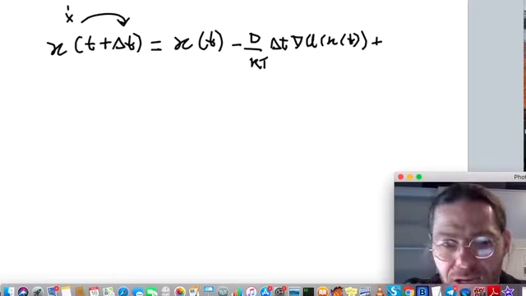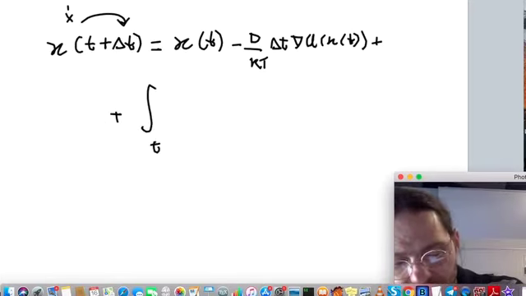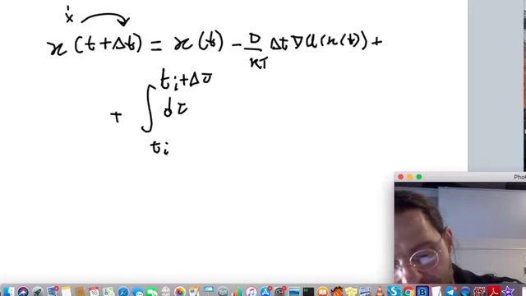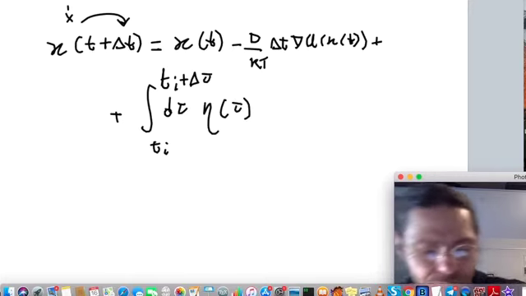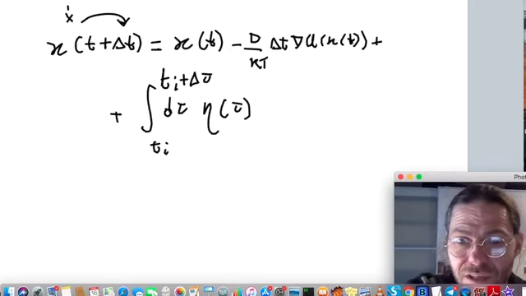Or if I want to be agnostic, in the most general case, I would have an integral. What I should actually write is the integral over time delta t of the stochastic force. And now I want to discretize this integral, and I can do it in many ways.